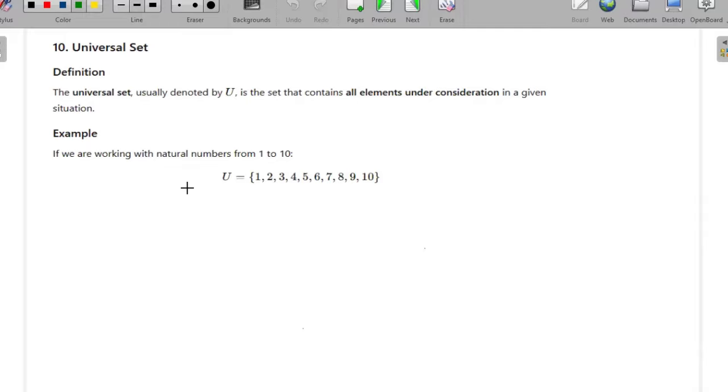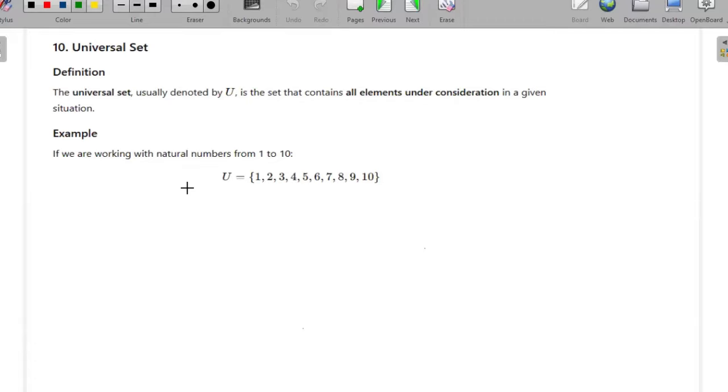From that universal set, we can now start getting particular sets. Let's say the set of pre-med students, the set of those doing medicine in their second year, the set of those doing pharmacy in their 5th year. Those will be sets gotten from the universal set of everyone who is at Apex.